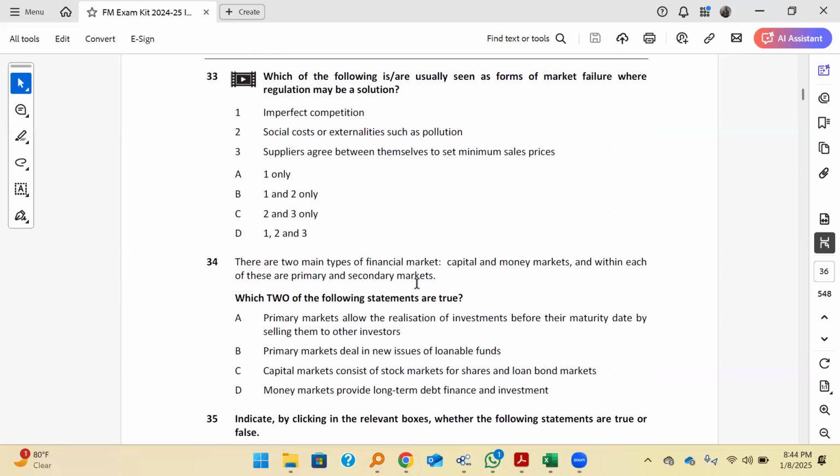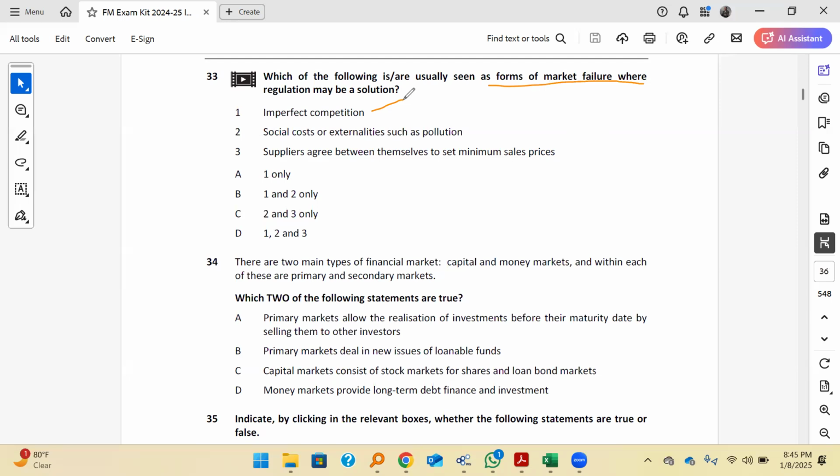Which of the following is or are usually seen as forms of market failure where regulation may be a solution? So market failure. So we look at what is given to us, imperfect competition. Of course, what you need to realize is that for you to have a good market, there should be competition.